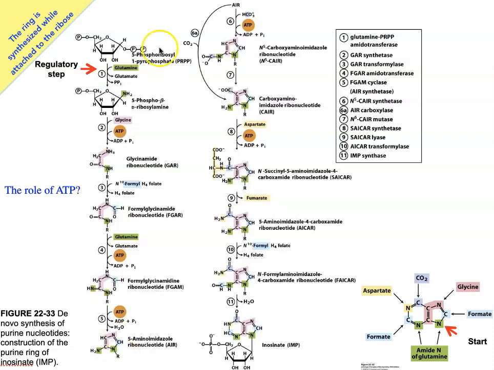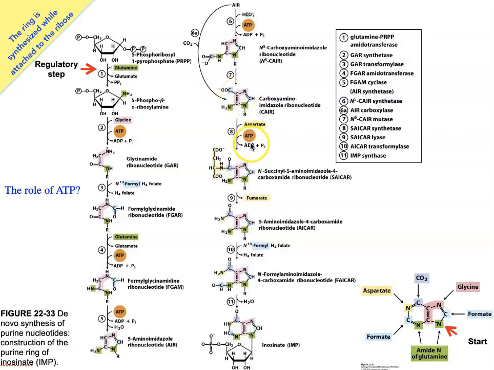Then the pathway continues by addition of a carbon from bicarbonate that first gets added to the amino group and then gets transferred to the alpha carbon of the added glycine.